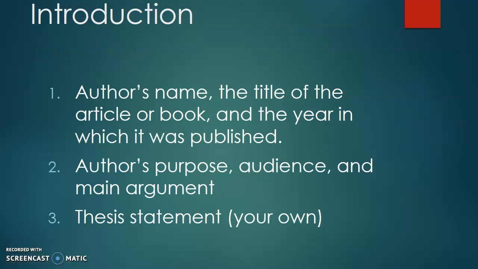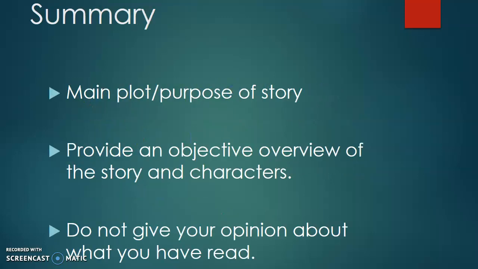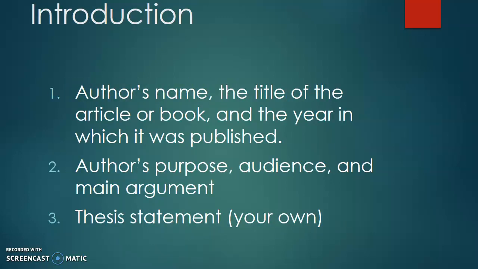In the introduction, you're going to have the author's name, the title of the article or book, and the year in which it was published. For example, Edgar Allan Poe, "A Cask of Amontillado," 1846. You'll have the author's full name.